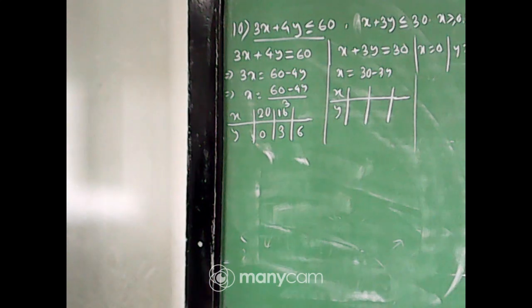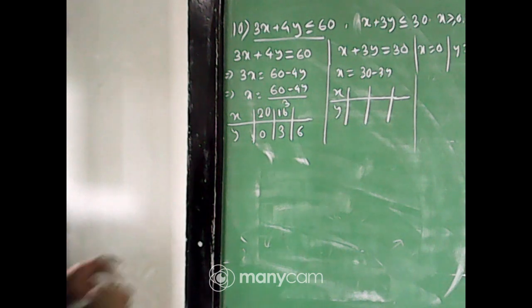Now put y equal to, suppose, 6. Then x is 60 minus 4 into 6, by 3. Do the calculation once again.